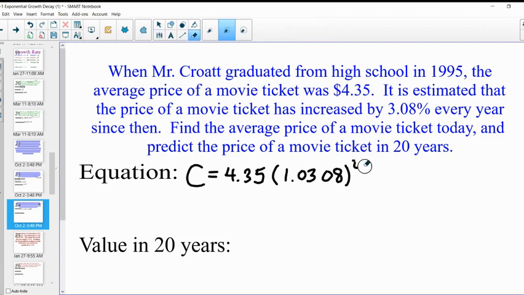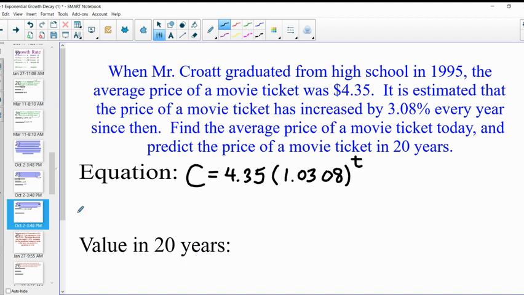Now, some people, when they do problems like this, will say T minus 1995. That way, when they plug in, the year is 2021. And so when I plug in 2021, 2021 minus 1995 tells us that it's 26 years. And I'm okay with that, but that also makes our formula a little bit more complicated. And also, we're not maybe thinking as much about what this T represents. So I'm going to say that 1995 is year 0. Go ahead, if you want to use that other more complicated formula, go for that.